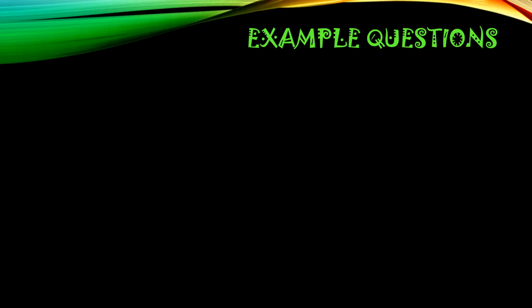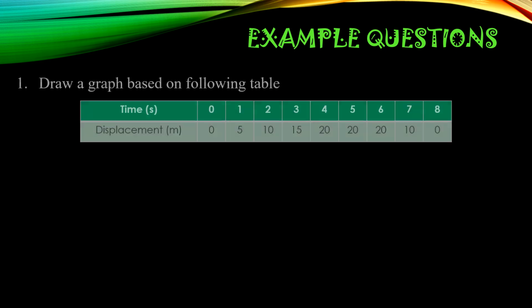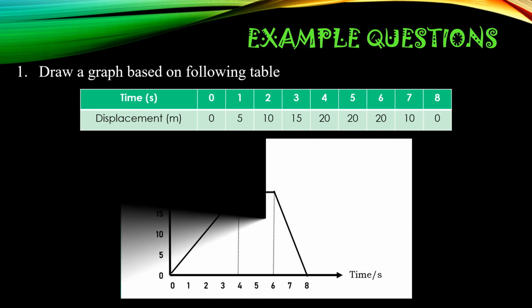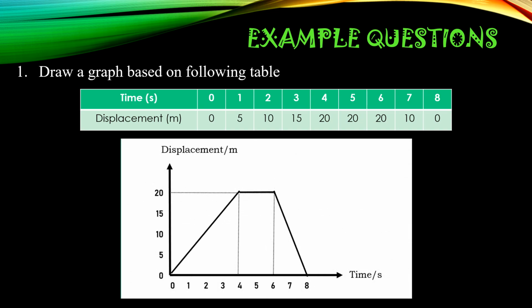Let's get into example questions. First one, draw a graph based on the following table. So they have given time and displacement. What you have to do is first draw x-axis and y-axis. X-axis is time and displacement is y-axis. Don't forget to mention the units of each physical quantity.